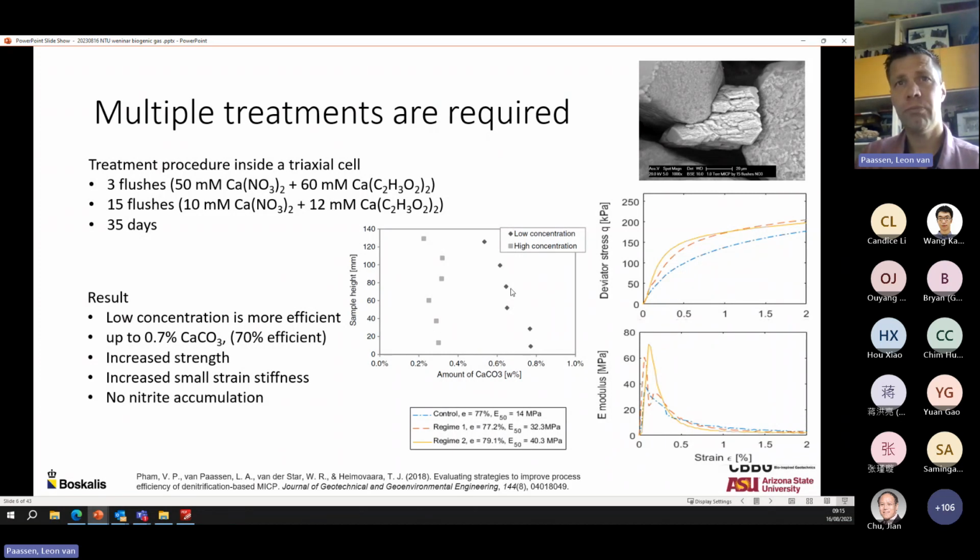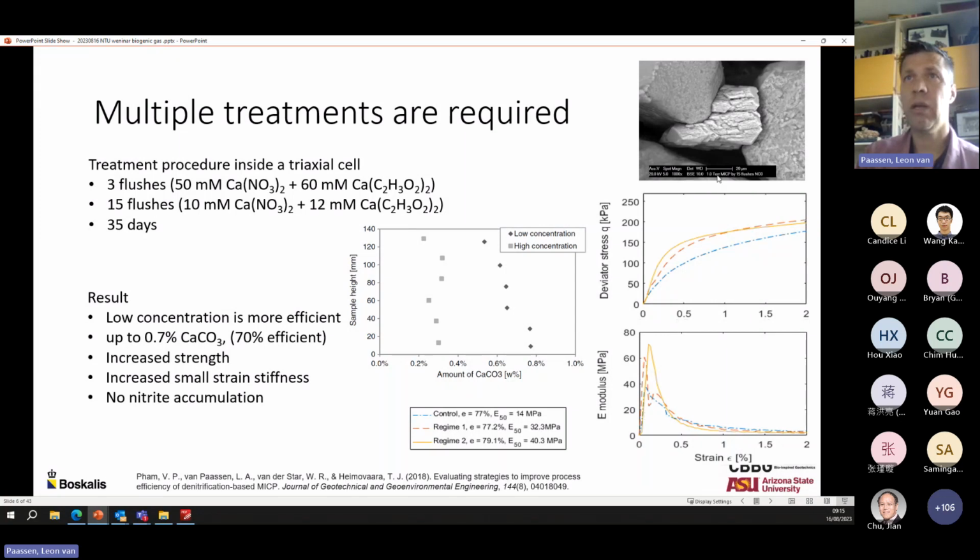Even with these low percentages of calcium carbonate, we could see an increase, which is the yellow or the orange line, increase in Young's modulus, or an increase in deviatoric stress for the treated columns in comparison with the untreated columns.